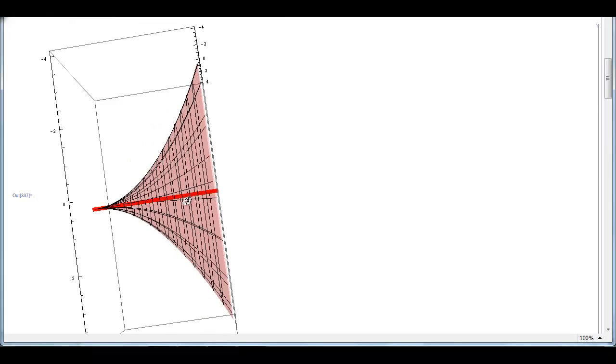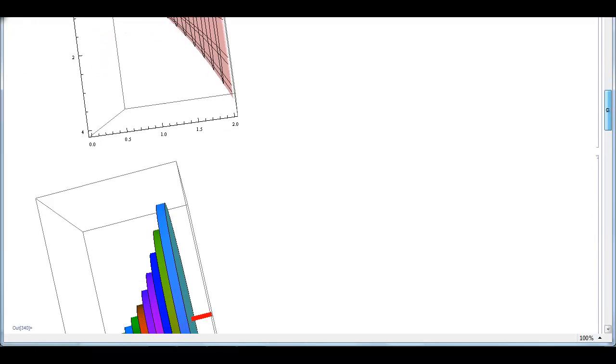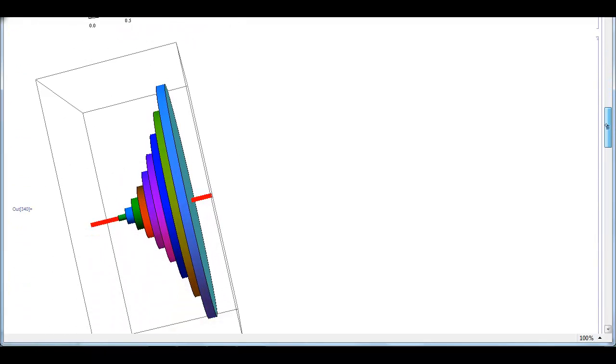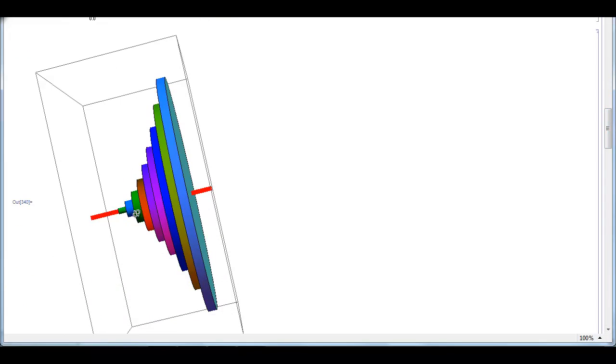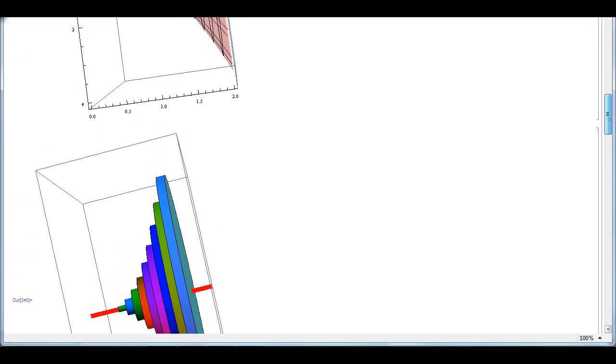Now, to find the volume, what we're going to do is approximate the volume of this shape with some cylinders. So the disk method, well, disks, but they're going to be cylinders here. Picture that here: we've got a bunch of cylinders, and this gives us essentially the shape we have.